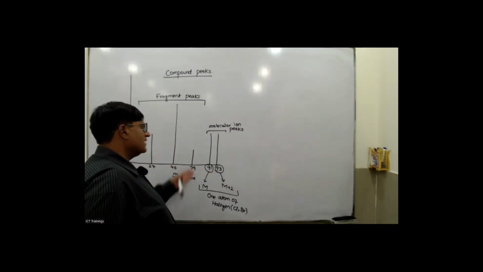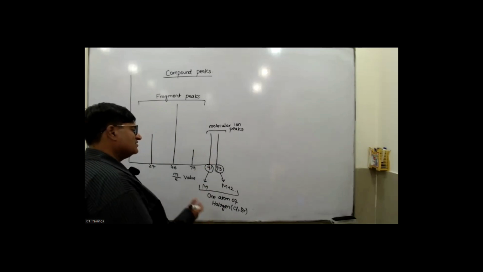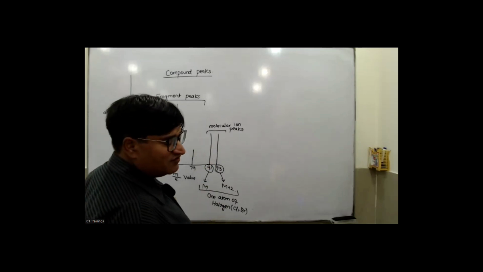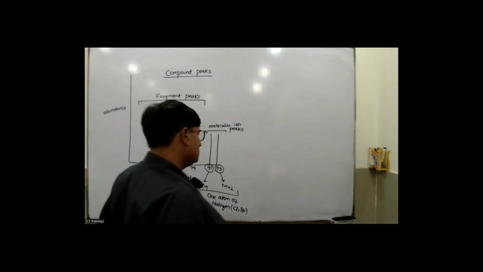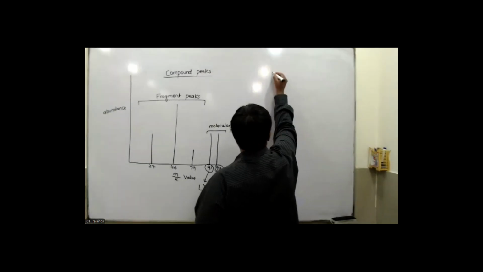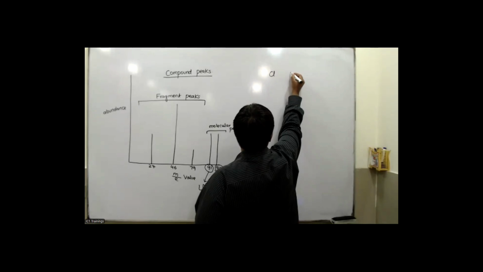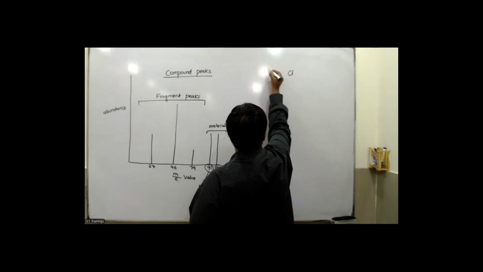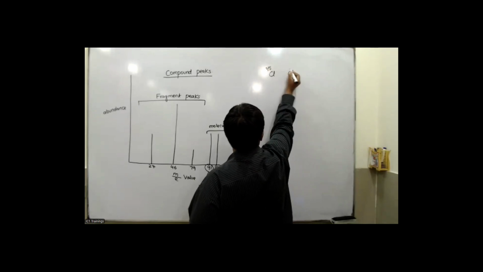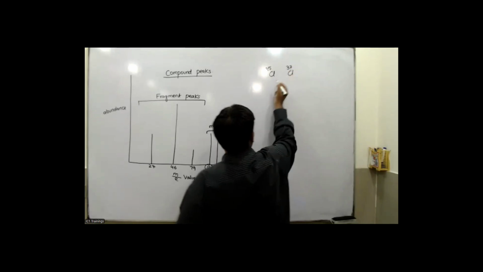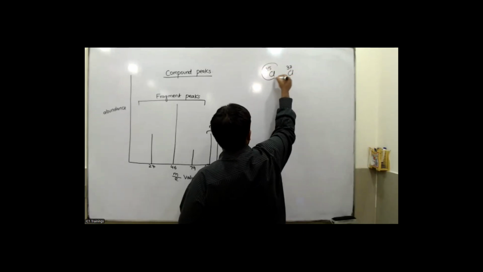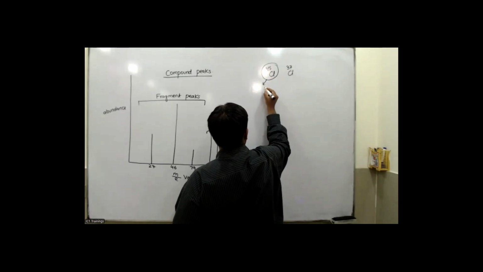Now, how would we know by looking at these peaks whether these are the peaks of chlorine or of bromine? It's a very simple thing. Chlorine has two isotopes: the first one is 35 and the second one is 37. In nature, the 35 one is present almost 75%.